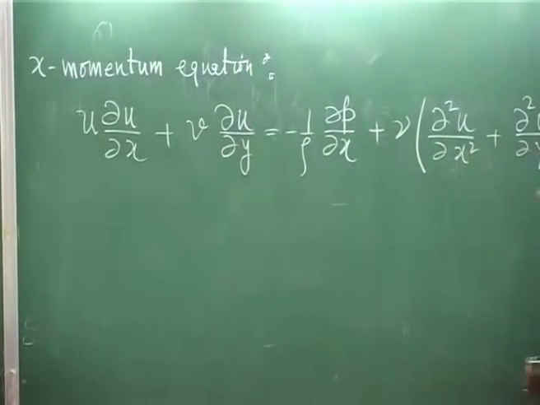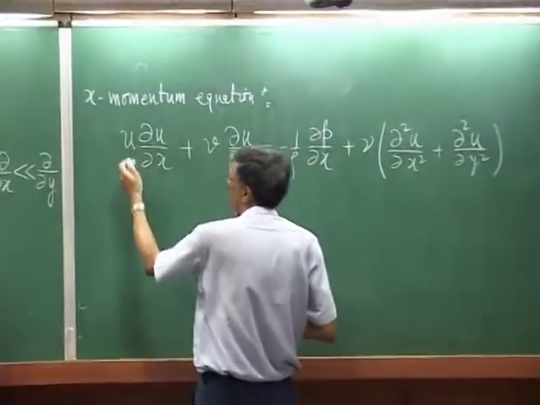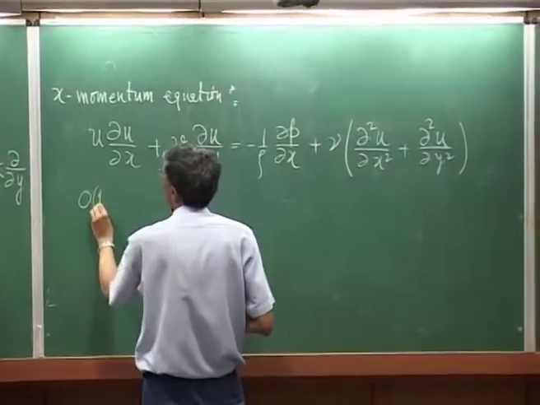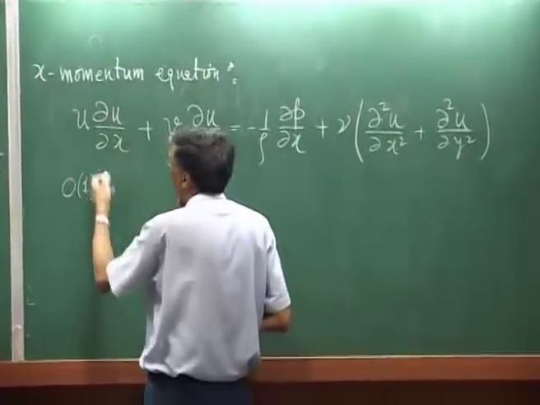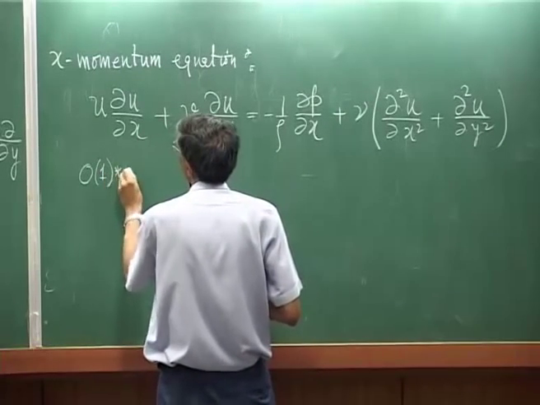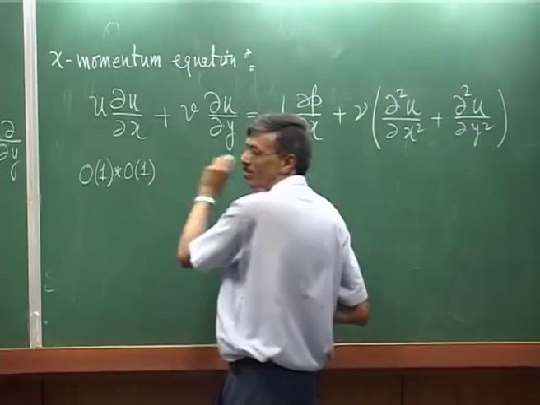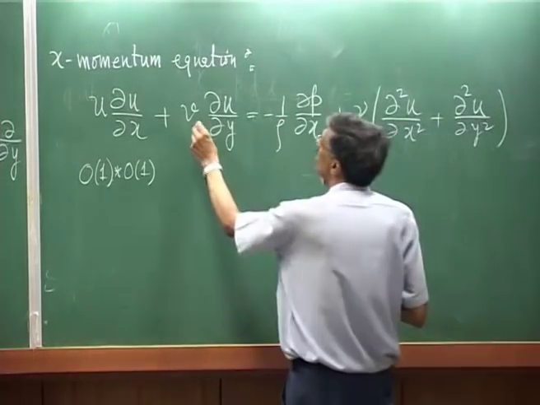Okay. Now, let us go through this order of magnitude analysis. What we get, u is order 1 as we have notified earlier. So, this will be again order 1, or the derivative also would be order 1 operation. So, we will be having an order 1 term, right. What about this?